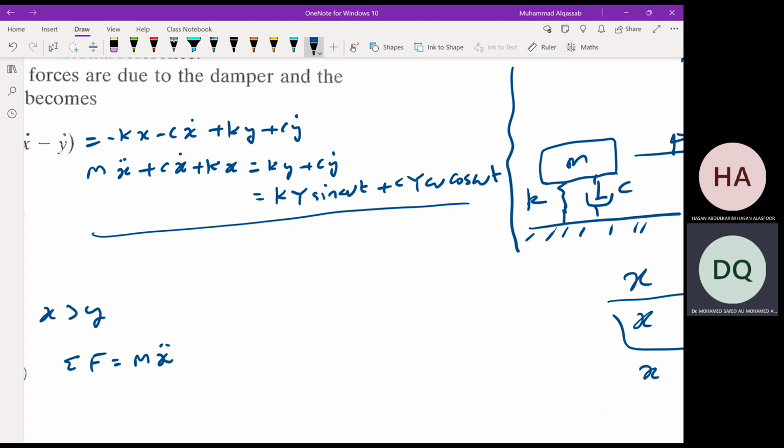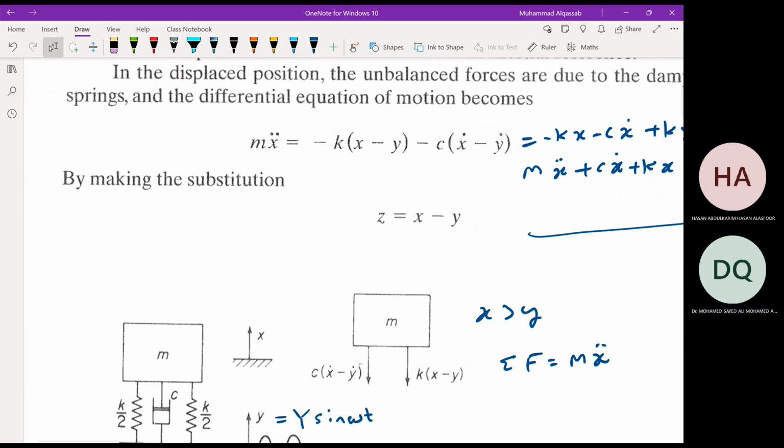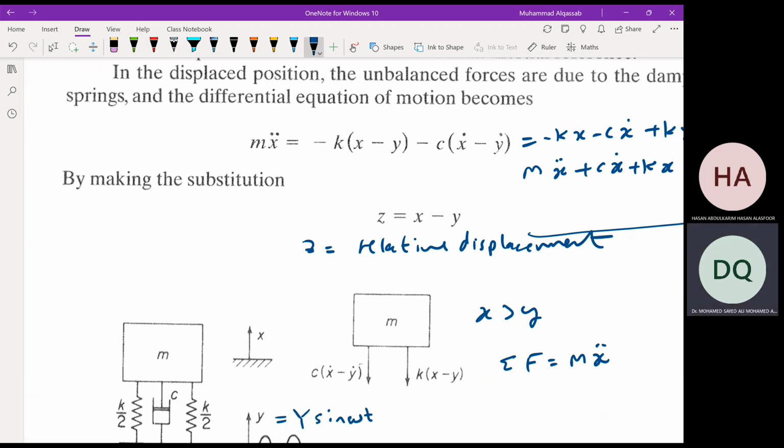The second approach, which might also be helpful, uses the relative displacement z, which is x minus y. You differentiate both sides and get z dot equal to x dot minus y dot.